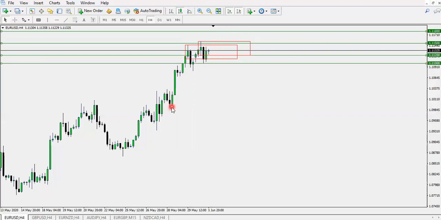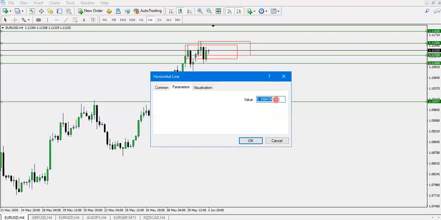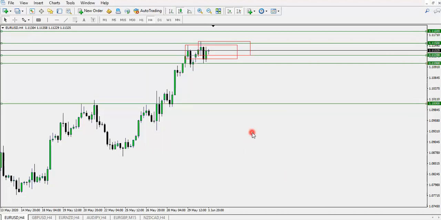And you can see that when this order block was created, this one over here, we can say that this is our round number that price rallied from. Here is a bullish order block right there. And you can see the large move upwards from this round number institutional level.